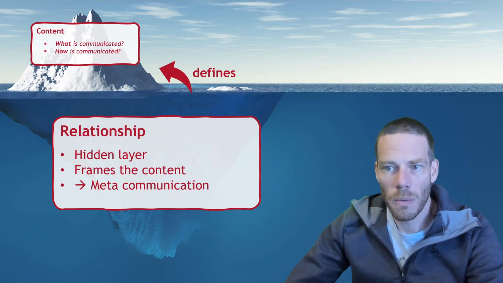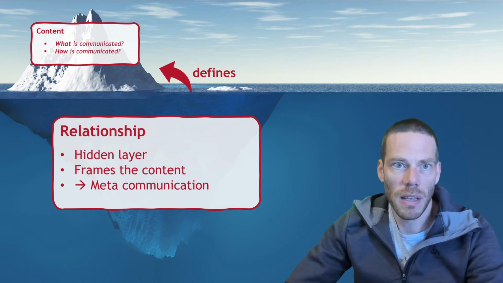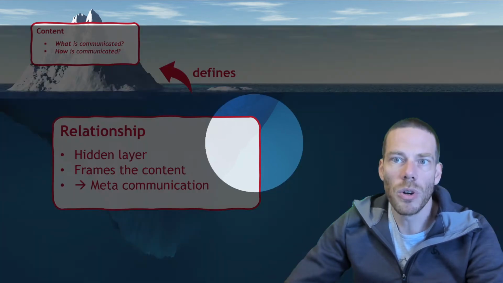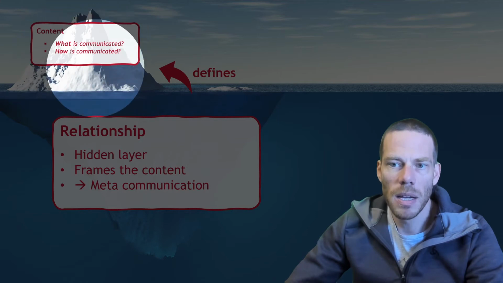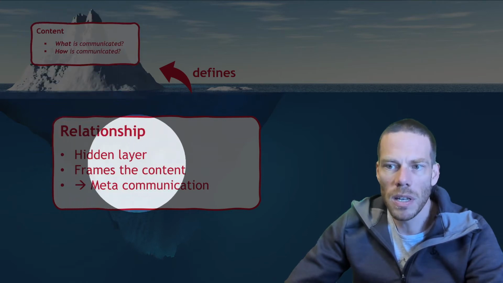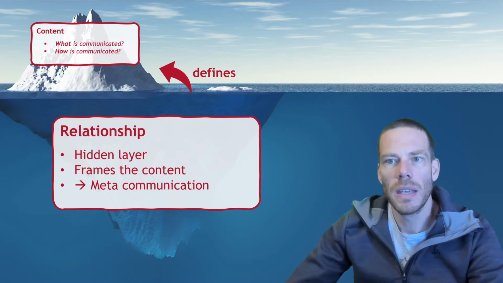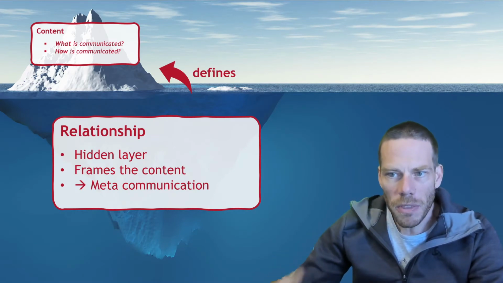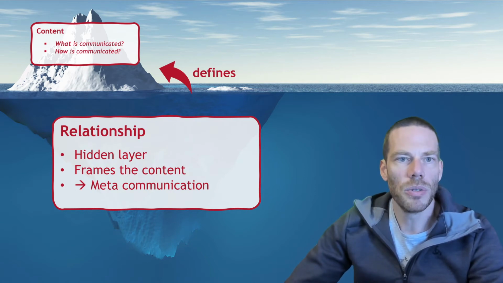So the thing is, when we talk about teaching and training in remote settings, it's not enough to only consider the content, what's above the surface, the visible part, but we also need to consider the relationship layer, the hidden layer. Okay? So with this understanding, let's dig a little bit deeper into communication.